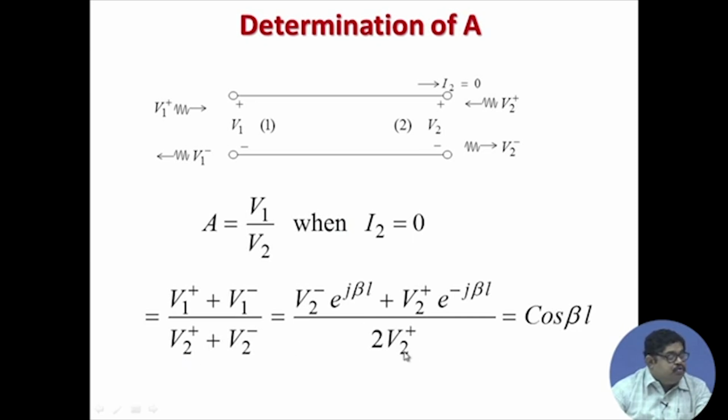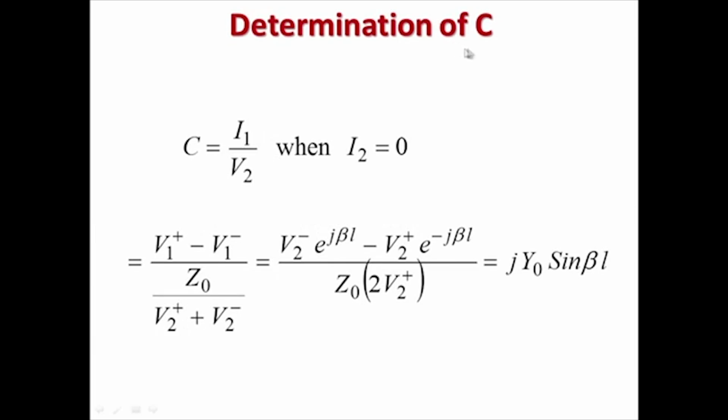So, we call it 2 V2 plus. Then this V2 minus will also be replaced by V2 plus. So, all V2 plus get cancelled, and you get e to the power j beta L plus e to the power minus j beta L by 2, which you know is cos beta L. So, A's value becomes cos beta L. So, for a pure lossless transmission line, the A parameter is cos beta L.